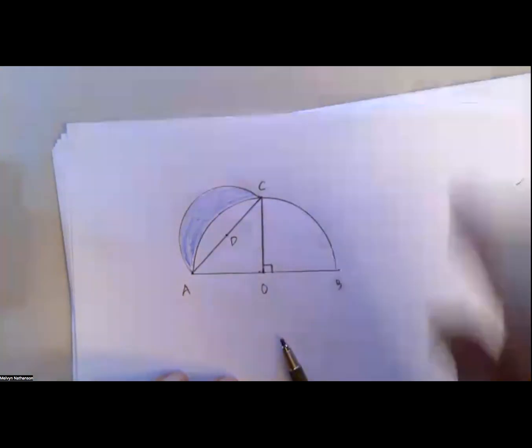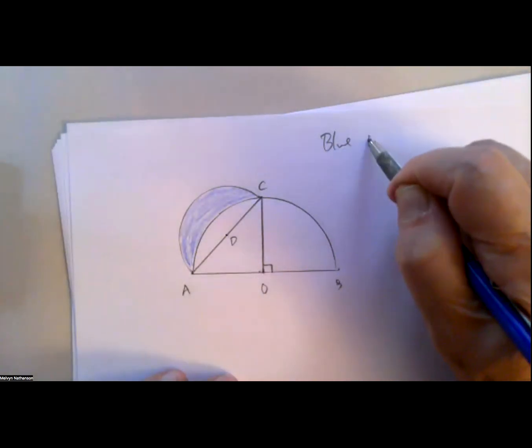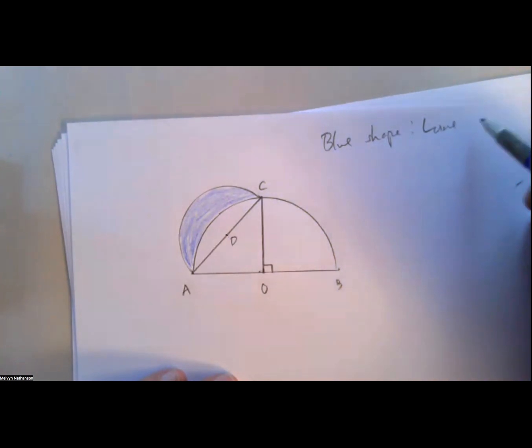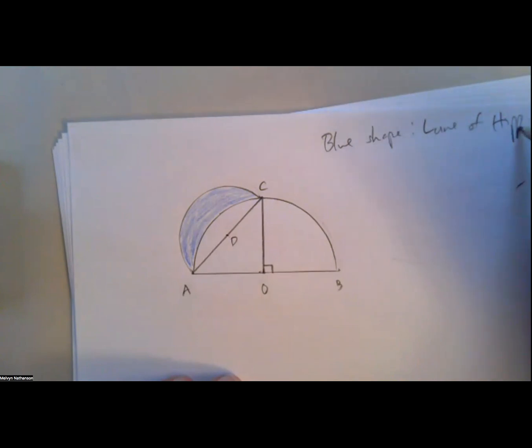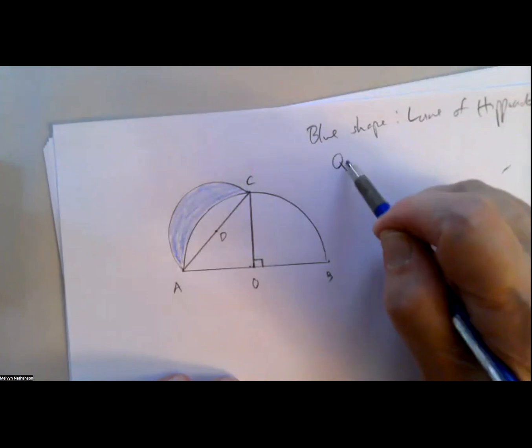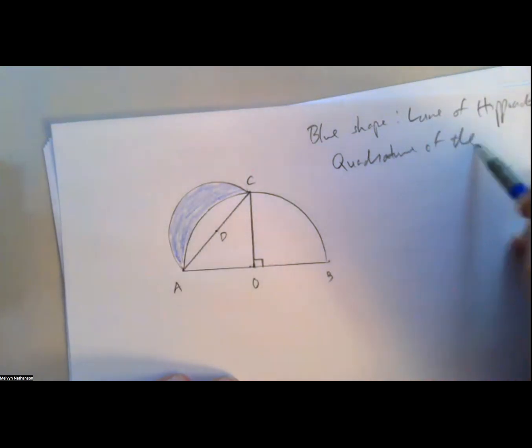So this blue figure is the lune, and this is the lune of Hippocrates. And we're going to carry out quadrature of this lune.